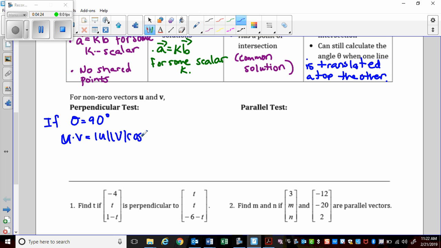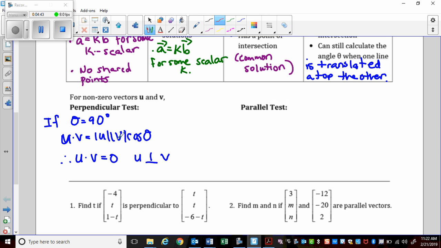That's our formula. Usually we solve for cosine of theta. Therefore, my dot product has to equal 0 for it to be perpendicular or meeting at a 90-degree angle.